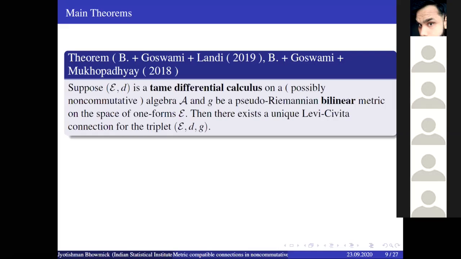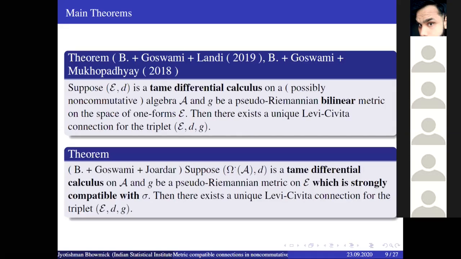So now it makes sense to compute curvatures with respect to the Levi-Civita connection. This was extended to metrics which are not necessarily bilinear. It's a smaller class.